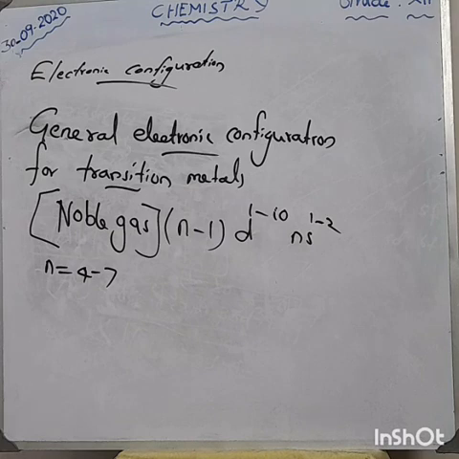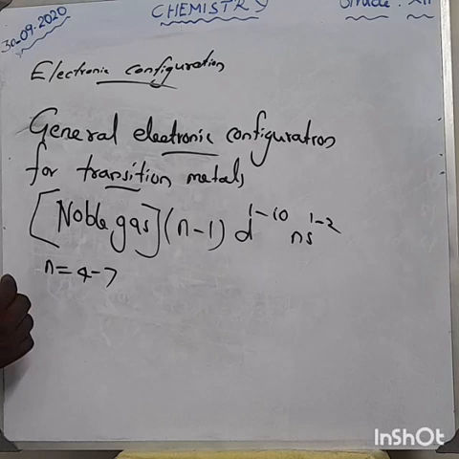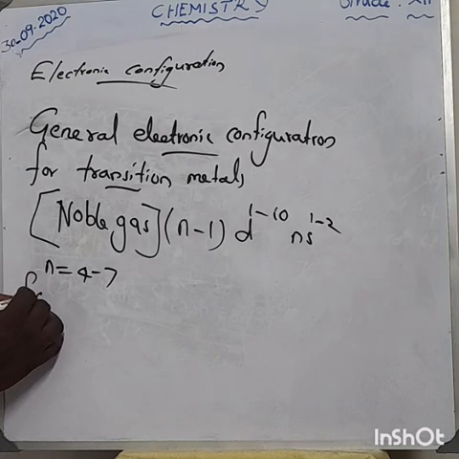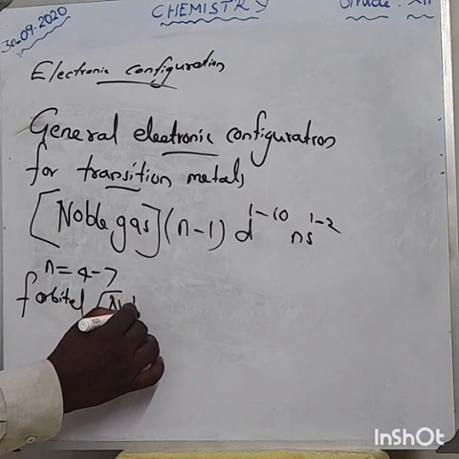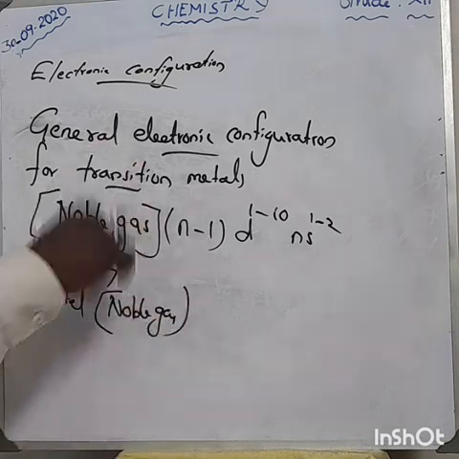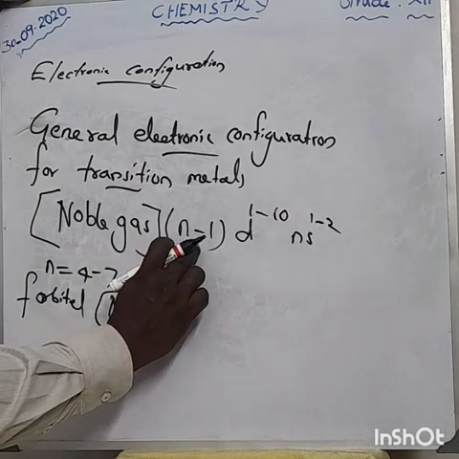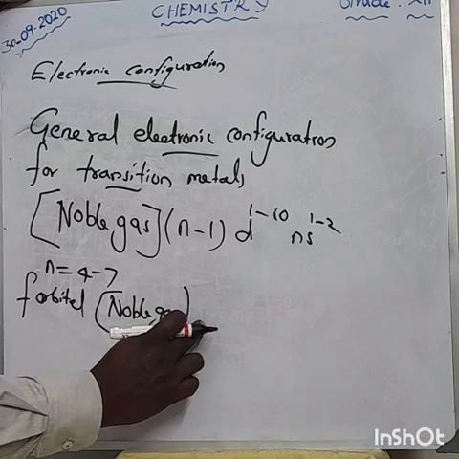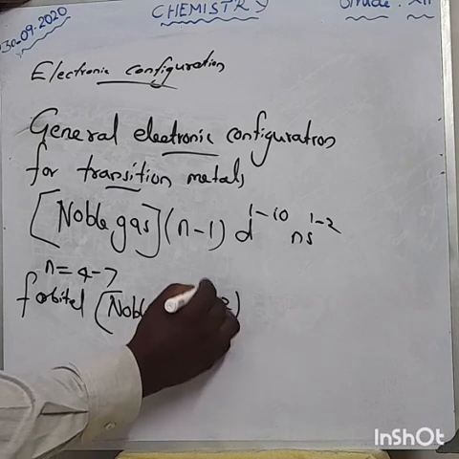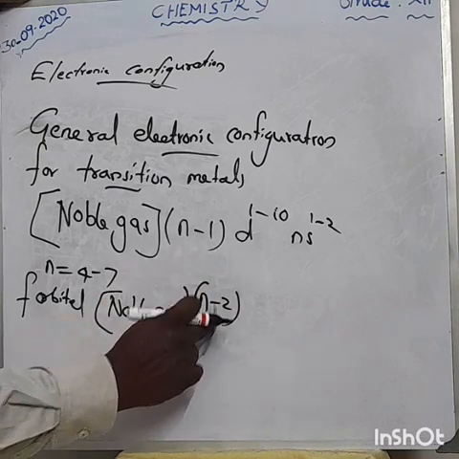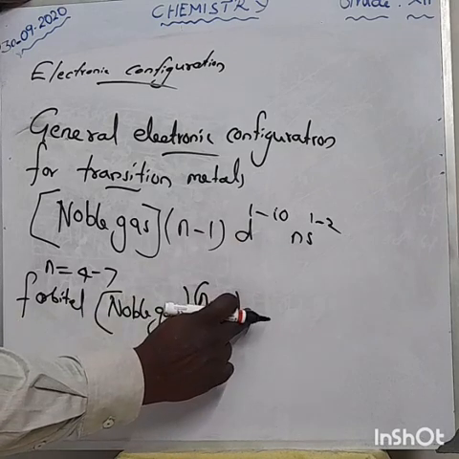Okay, and this is also for the inner transition element, that is f block element, f block metal. We write noble gas, here we are using n minus 2, n minus 1. Here the d subshell and here the f subshell.